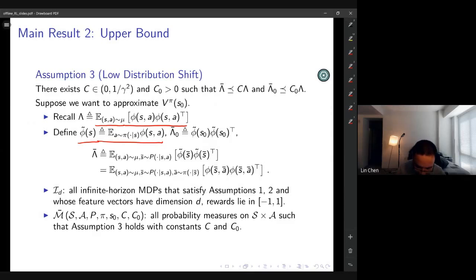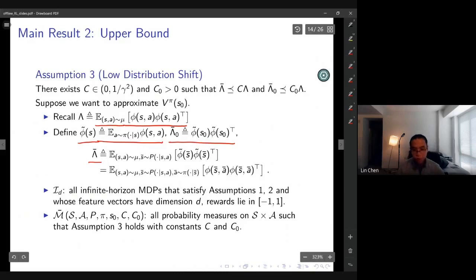We would like to approximate the value of x0, and we define lambda 0 bar to be tilde phi transpose of x0. And we define lambda bar to be the expectation of tilde phi(s bar) and tilde phi(s bar) transpose.